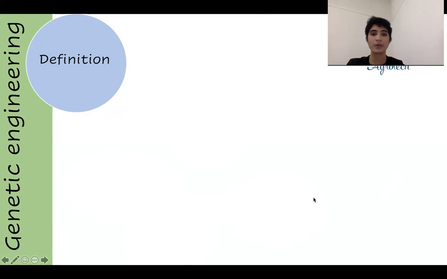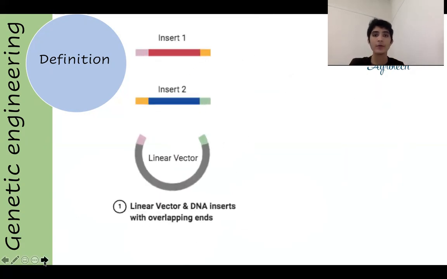From Gibson assembly cloning. First, we make a desired fragment of DNA that we aim to transfer into another DNA material. So for example, here is insert one maybe from one DNA and insert two from another DNA, but they are specific fragments of DNA from some genetic material.